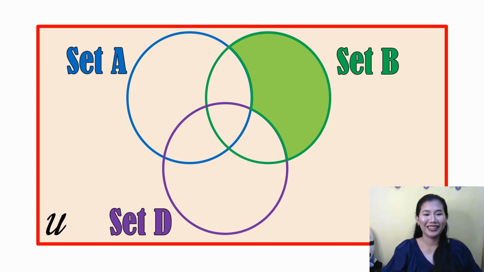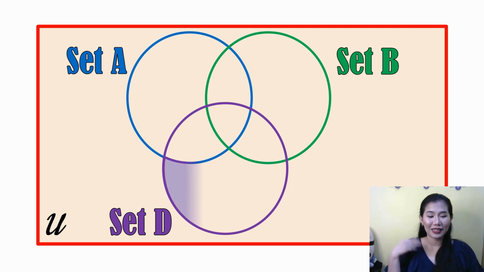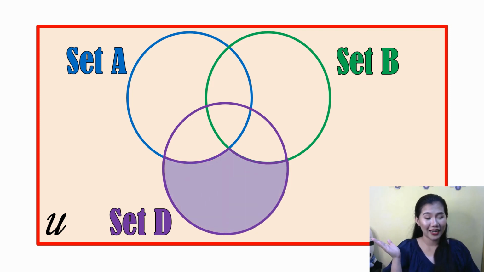Set B only. Then, we'll go to the violet circle. Okay? So the violet circle, that portion you see there is none other than the elements that belong to set D only. Only, okay? Hindi, wala doon si set A, wala doon si set B. Set D only.